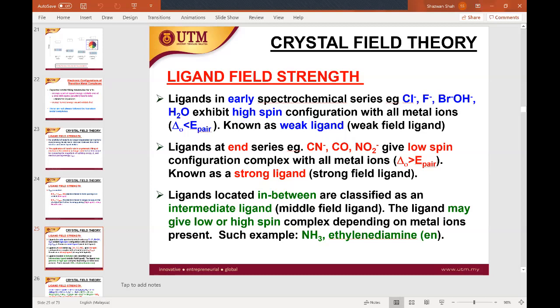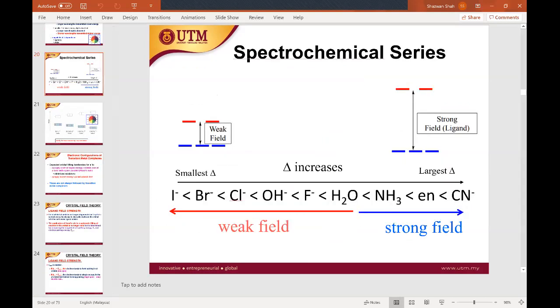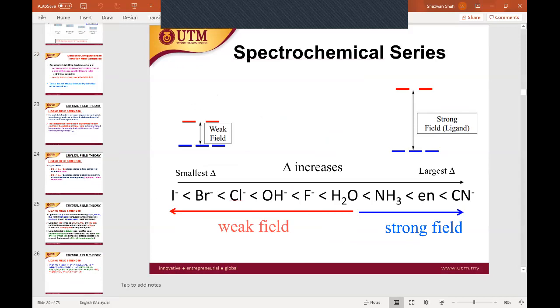And in opposite, ligand on the other side of spectrochemical series on the right is strong field, so they will adopt low spin. So for strong ligand, they will adopt low spin.